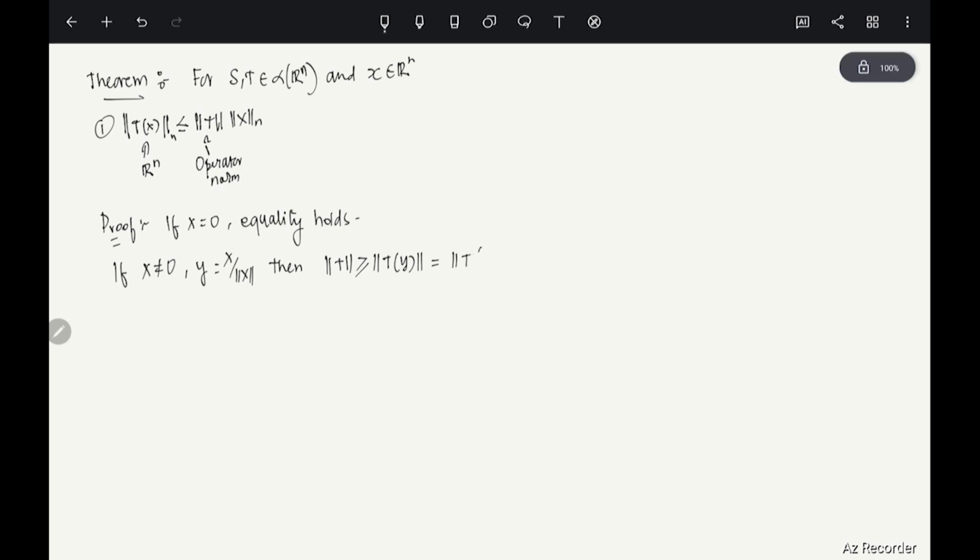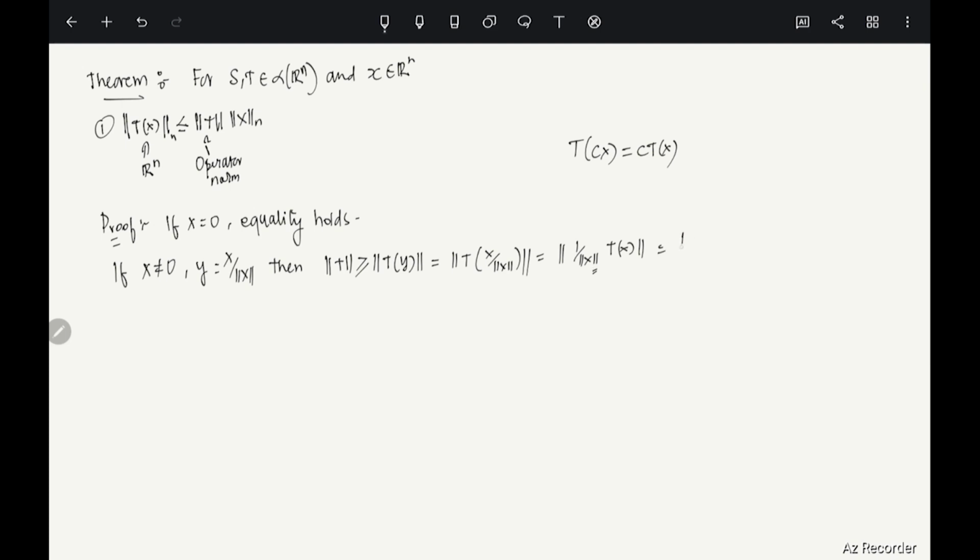Now, what is y? Y is x by norm of x. You can think of 1 by norm of x as a constant, and T of a constant times x is the constant times T of x, since T is a linear map. So you can write it as 1 by norm of x times T of x. Norm of x is a real number, so I can take it out.